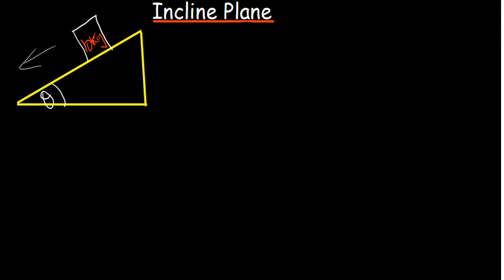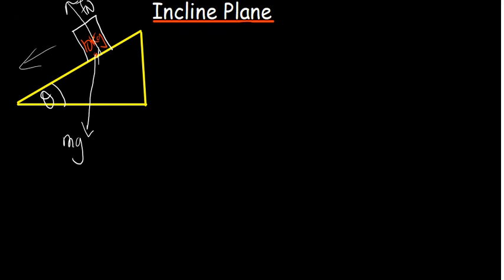We are going to have the force starting from here, which we can call the weight force, which is basically mg. At the same time, we also have the normal force, Fn.